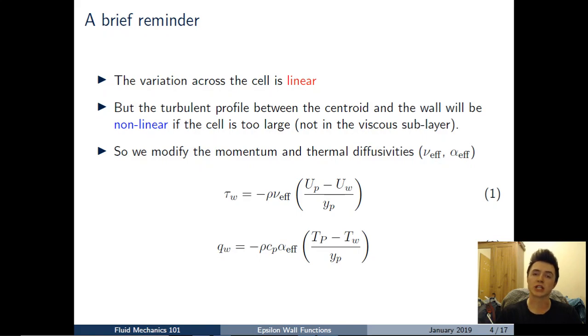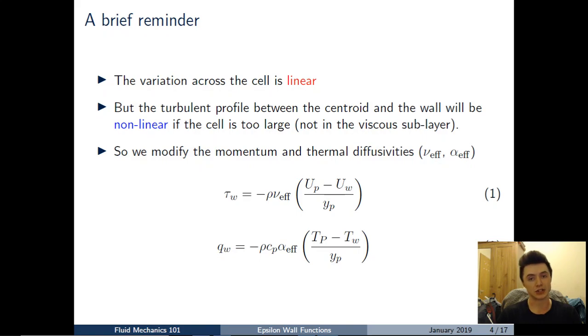So what CFD codes do is, for velocity and temperature fields, the wall functions modify the near wall thermal and momentum diffusivities. That's nu sub-effective and alpha sub-effective there.